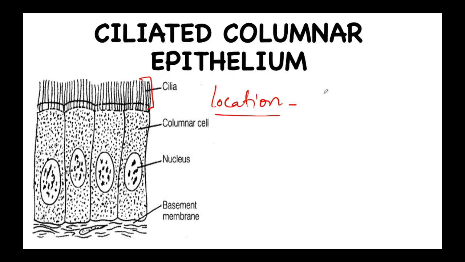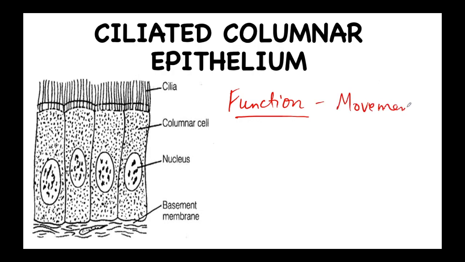This epithelium is present in the lining of windpipe, that is in our trachea, and oviduct also. Oviduct is another name for fallopian tube, the site of fertilization in human females. Now come to the function. As I have already told you, cilia are thread-like structures which are involved in the movement of substances. So its function is movement of substances.